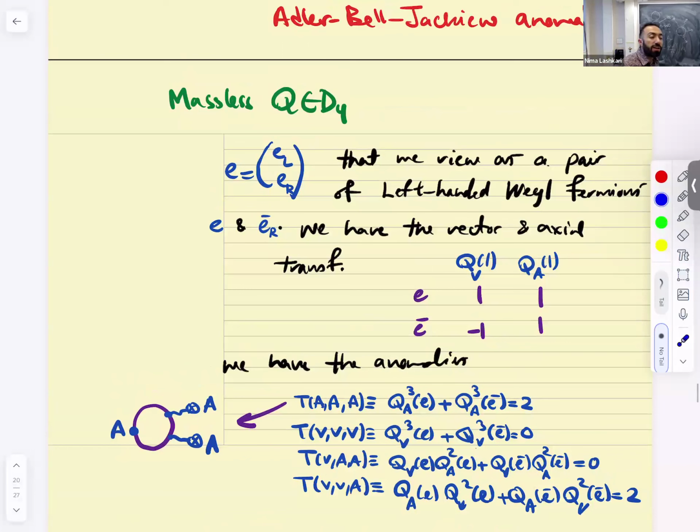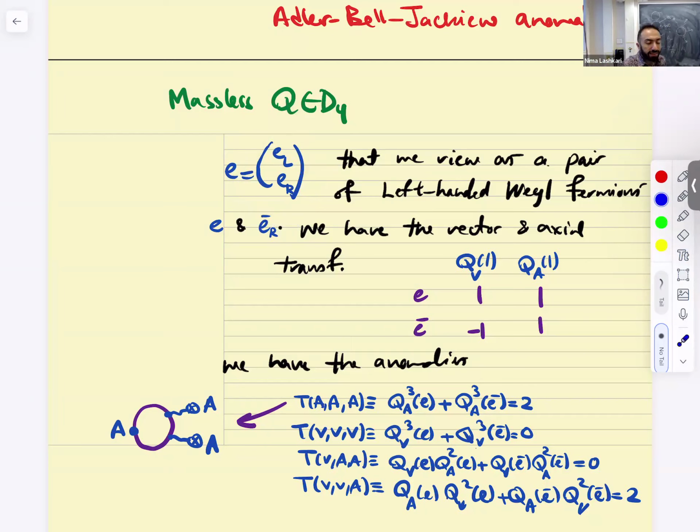So here's one important thing I have to tell you that you might find confusing. This is just experience from working with Majoranas and Weyls. In massless QED, your electron is left-handed and right-handed.